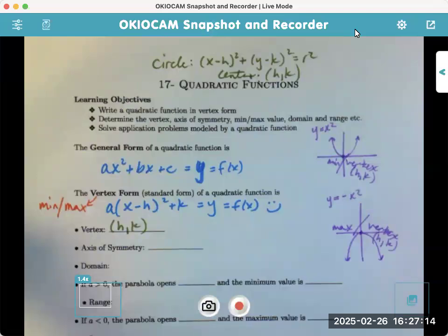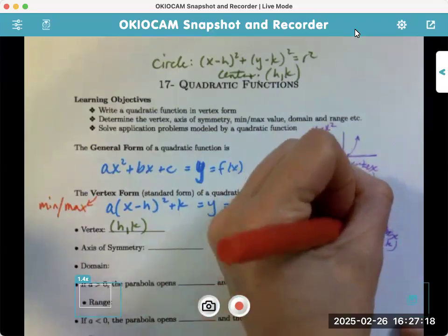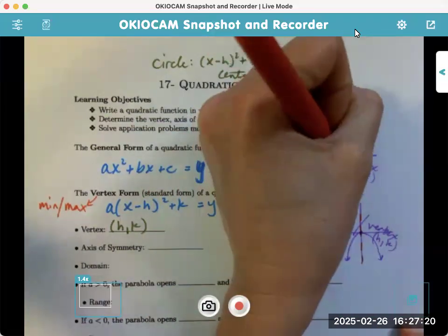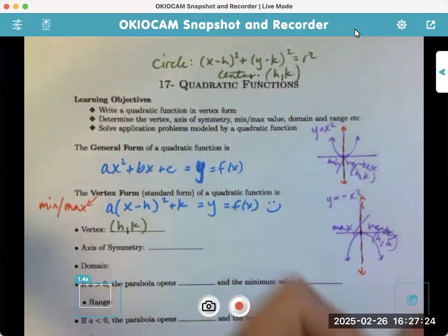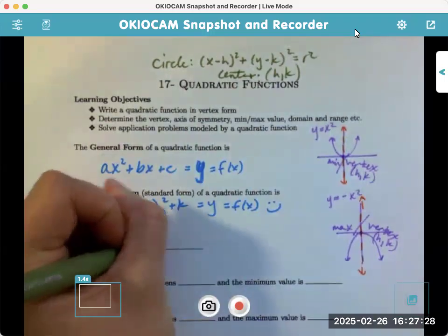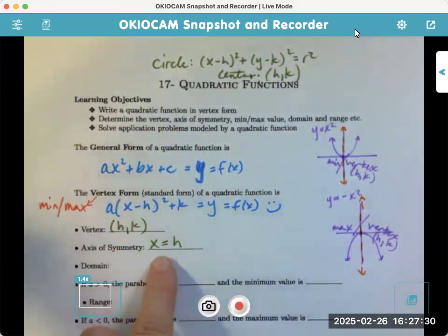And then they both have axes of symmetry, a single axis of symmetry. Basically, what line could I fold down so that my branches lie on top of each other? That is always the line x equals h. So when you're typing in the homework, you need to pay close attention: do I need to put in x equals or is it already there?